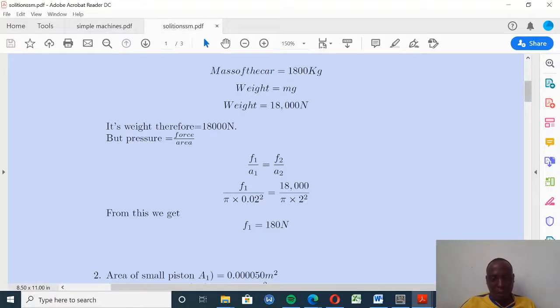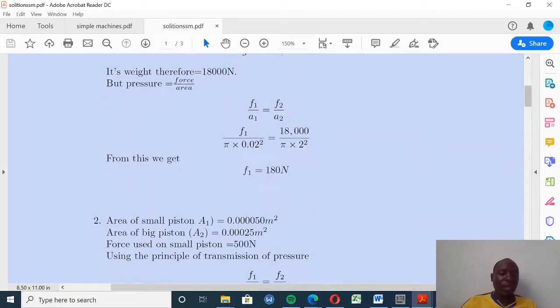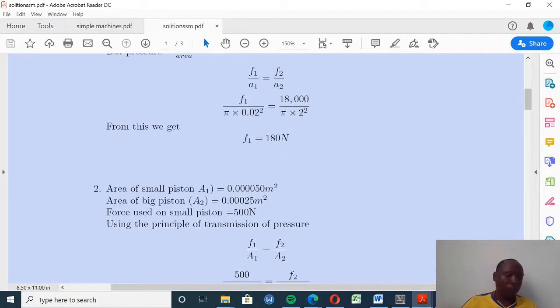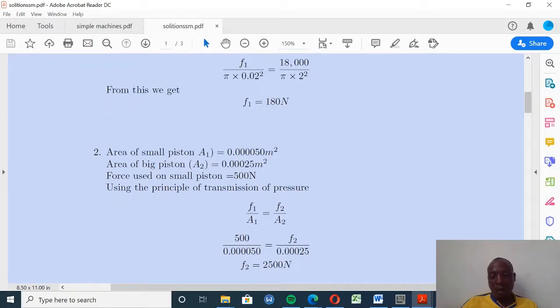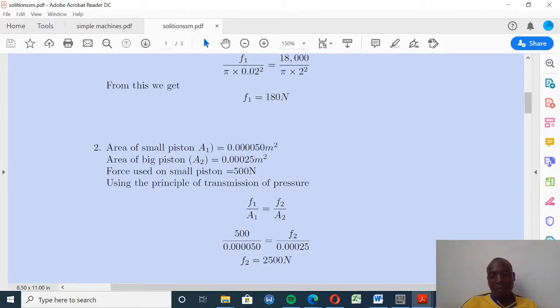Okay, so we look at the data that is given to us. Number 1, the area of the small piston is 0.000050 meters squared, and the area of the big piston, A2, is equal to 0.00025 meters squared. The force used on the small piston is 500 newtons. Again, we use the principle of transmission of pressure. We find that F1 over area 1 is equal to F2 over area 2.